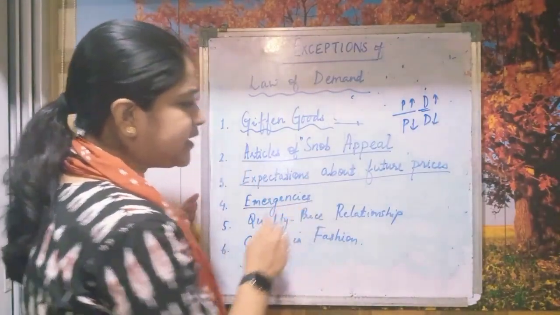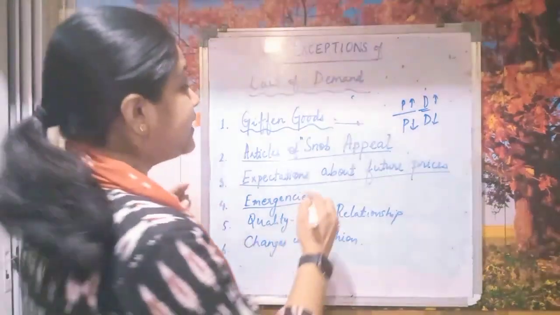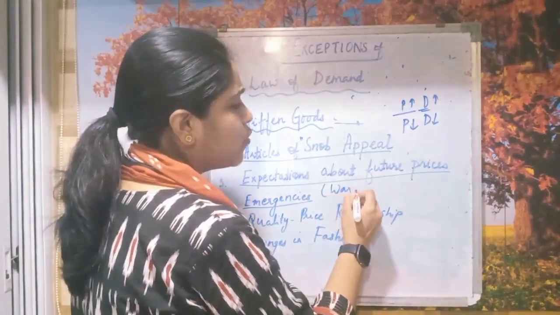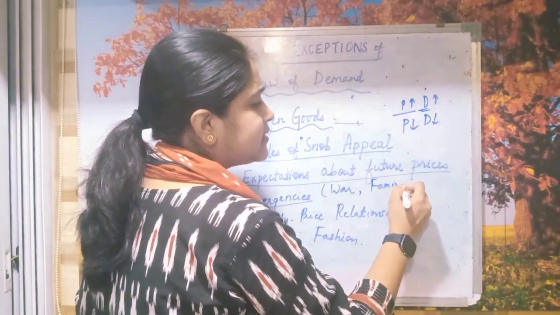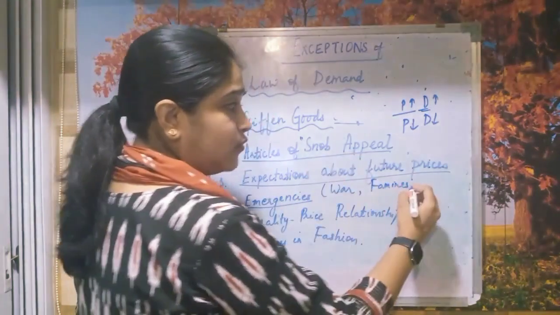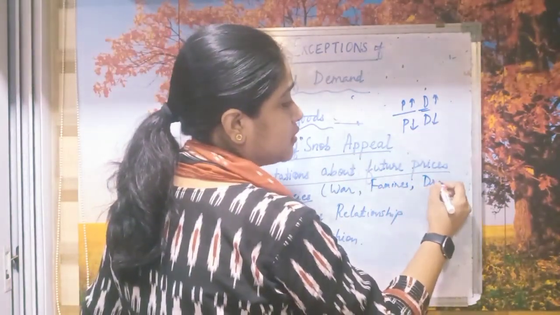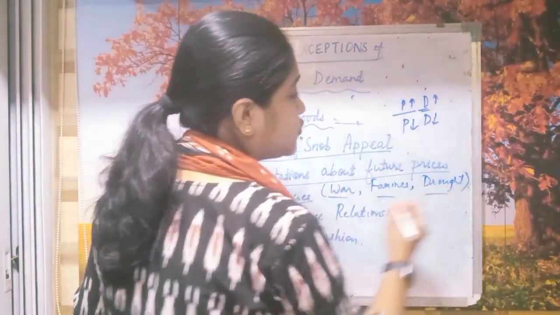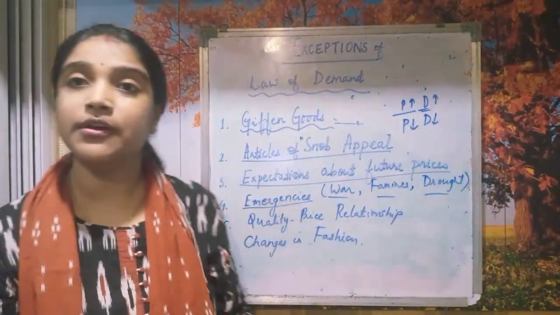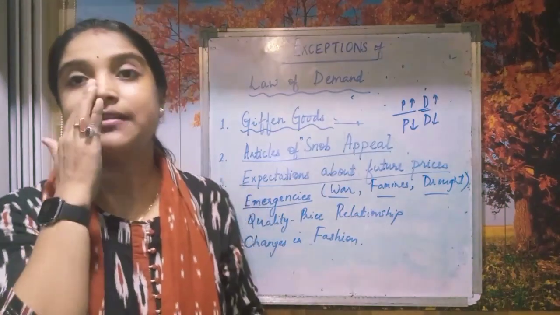Next is emergency. Emergency situations like wars. Okay, when there is a war-like situation, when there is a famine, when there is scarcity of food, when there is a drought, there is no water all around. For such situations also, the consumers will not look at the price of the commodity.